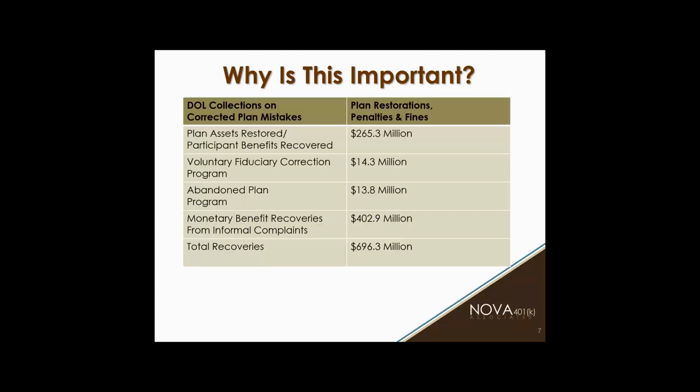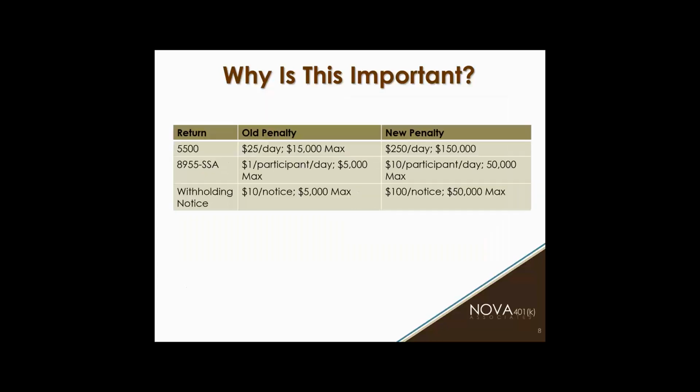And this chart shows that the Department of Labor, as well as the IRS, are quite active in collecting restorative payments from plan sponsors due to errors. They have some fiduciary correction programs that collect fees and various other types of penalties that can be assessed. In fact, the IRS specifically and Department of Labor can assess penalties separately.